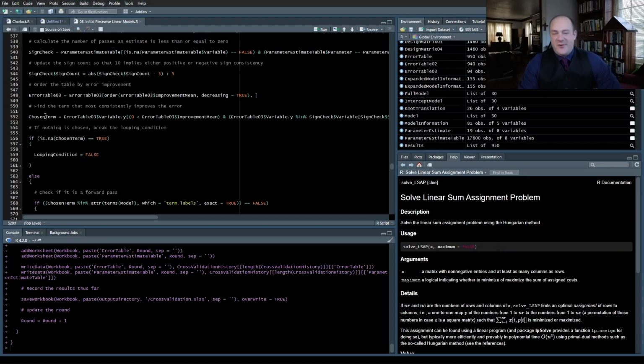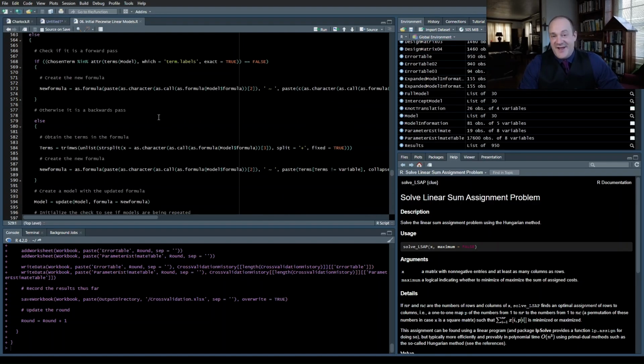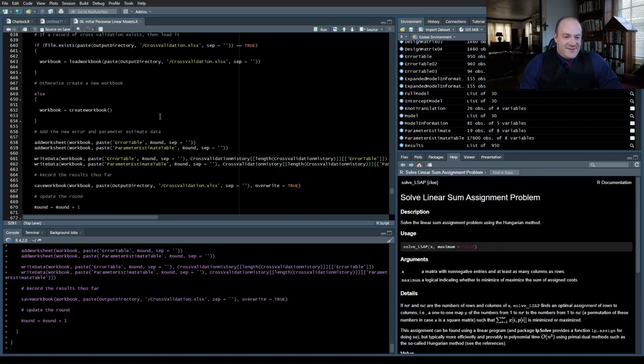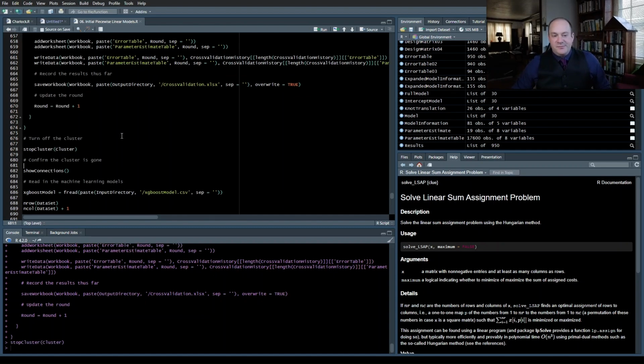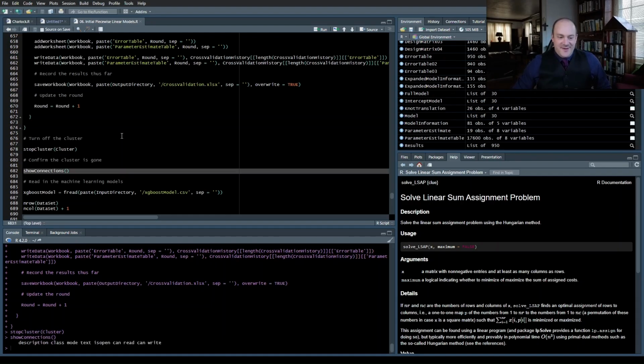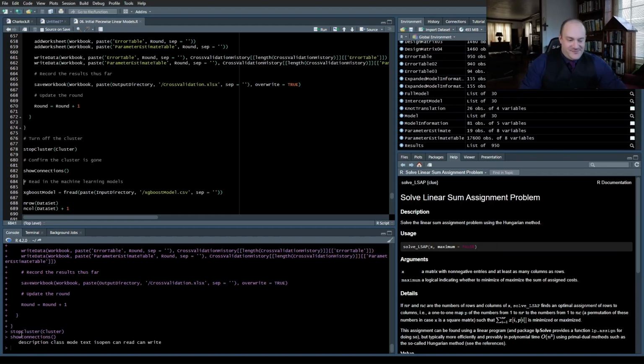It's selecting the variable according to the criteria that I laid out. Again, if you want to adjust some of this stuff, you can, but I don't. All right, so all well and good. So we've got our results now. So now we'll turn off our cluster so we don't blow up the computer. Yep, okay. Cluster's turned off, so that's good.